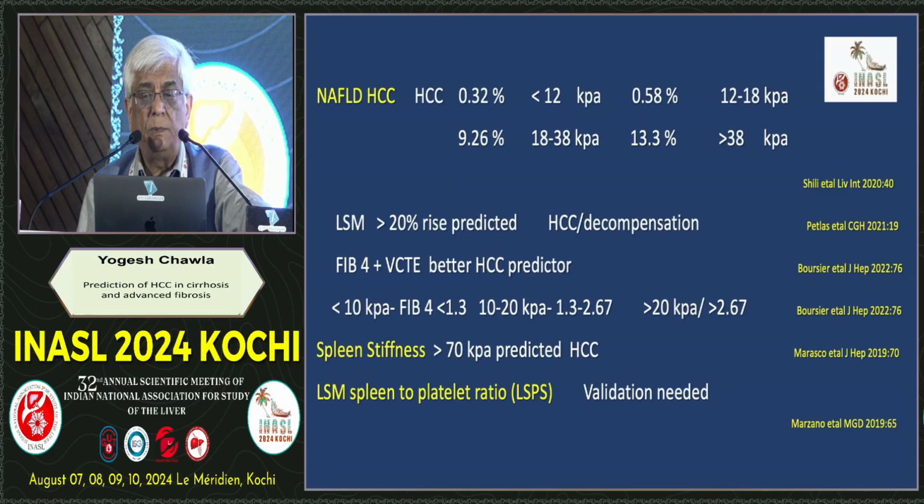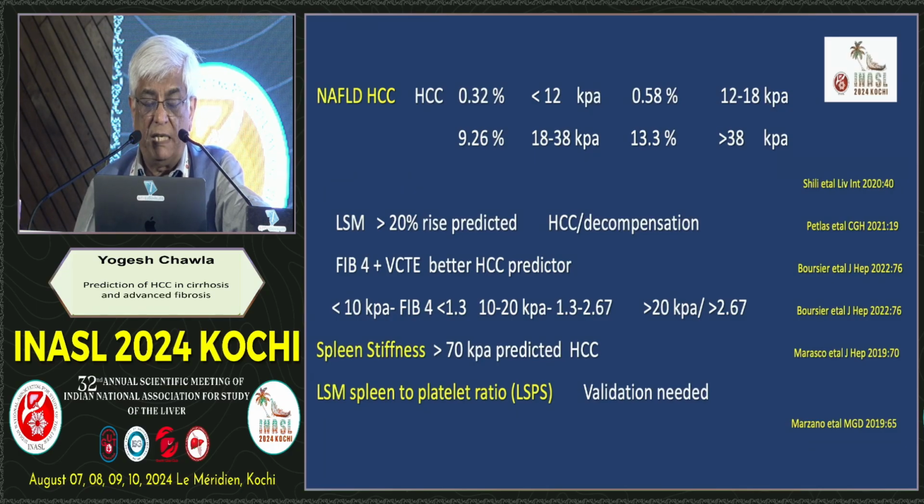With the help of FibroScan, any value of more than 9.26 increases the chances. Any value between 18 and 38 significantly increases the chance of HCC, and the higher the value, the greater the chances of HCC.